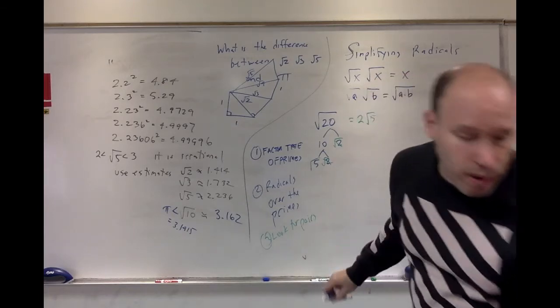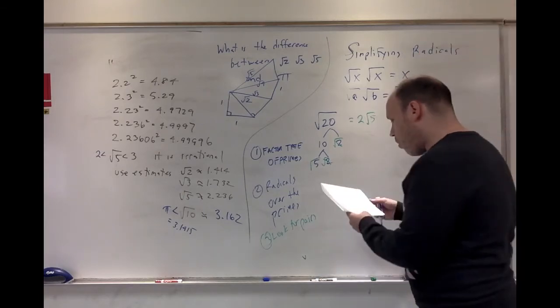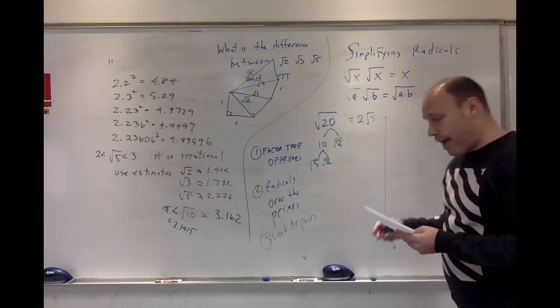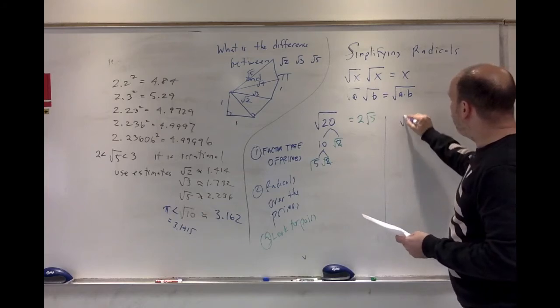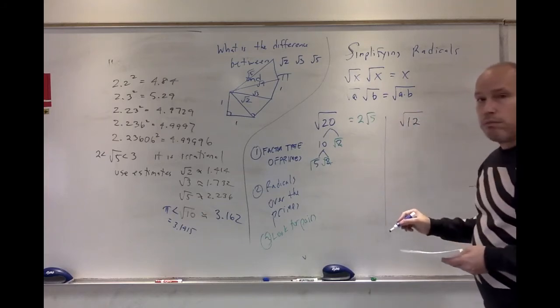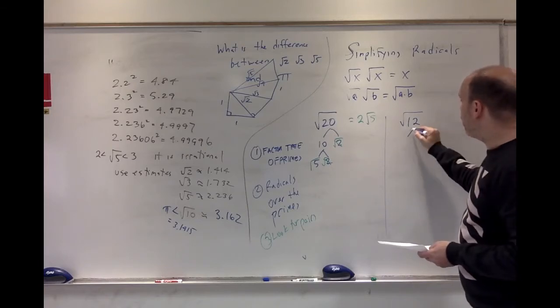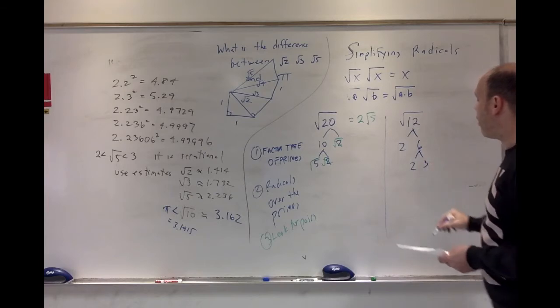Let's try another one. How are we doing for time? Perfect. Let's try another one. Radical 12. Okay, step 1, a factor tree of primes. 2 and 6, 2 and 3.